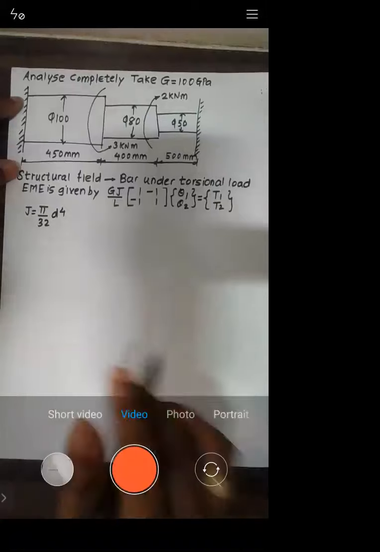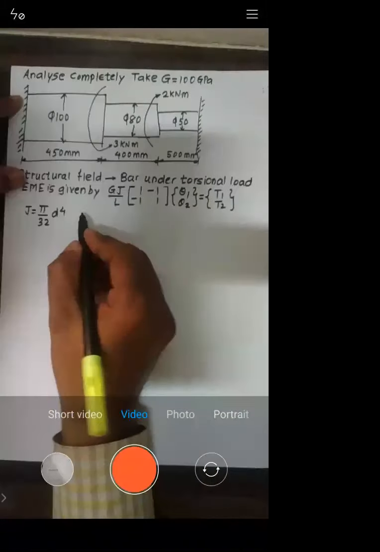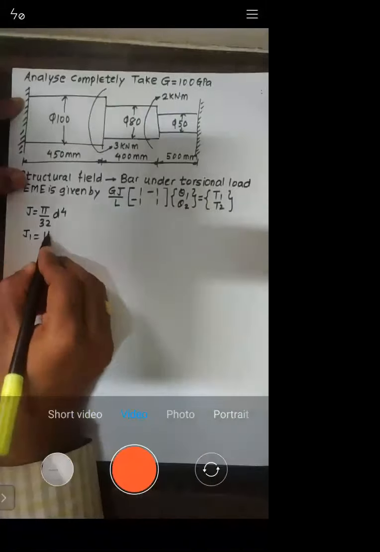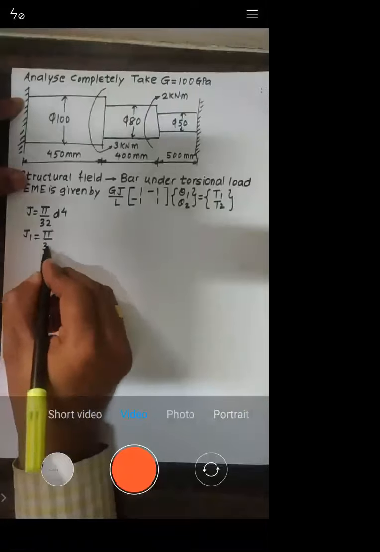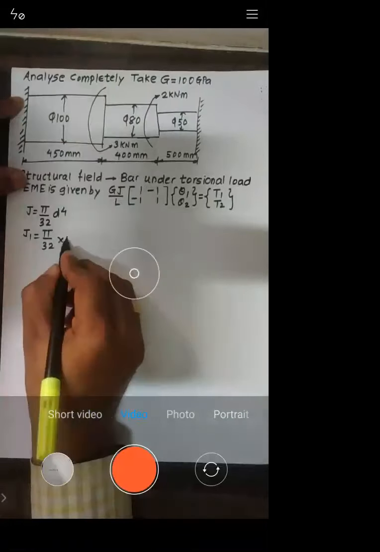So how will we calculate J1? It is pi by 32 into d, that is 100 raised to power 4.